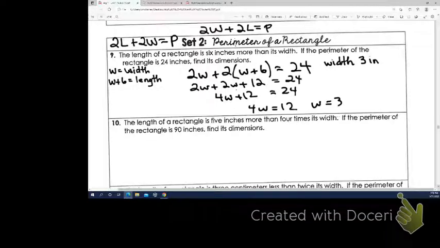So I look at my problem, it told me that the perimeter was in inches, so I know that these dimensions are in inches. And then I can do 3 plus 6, right? Because it says the length is 6 more than the width. 3 plus 6, so our length is 9 inches. And I trust that you can do 3 plus 6 in your head. You don't have to write that on your paper somewhere.